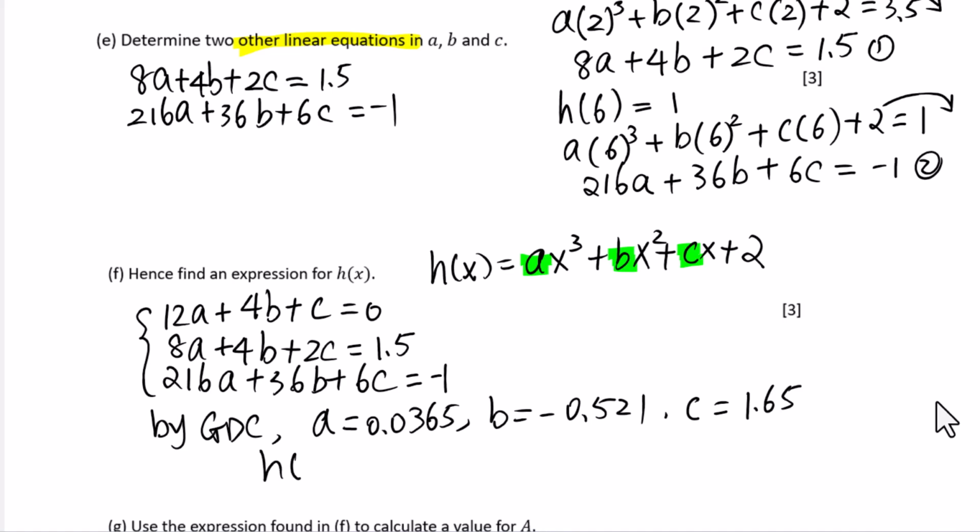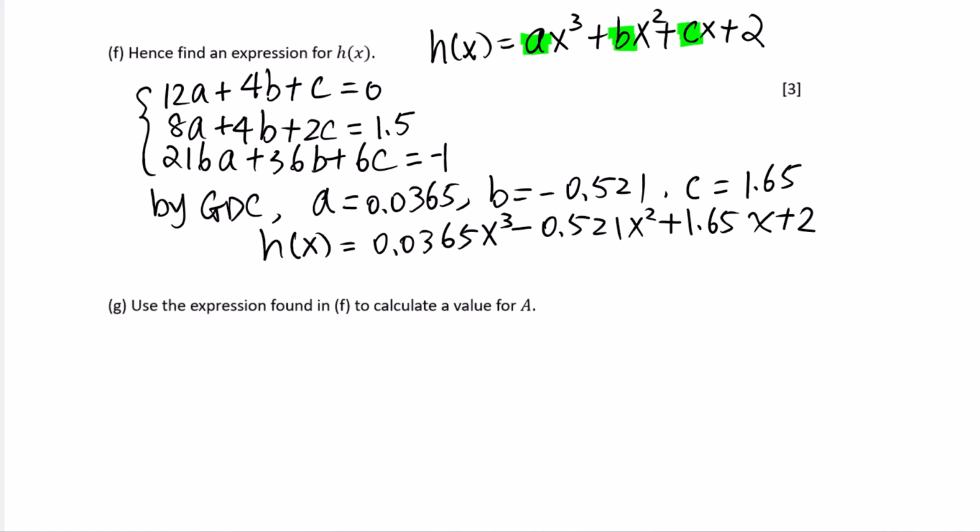So h(x) = 0.0365x^3 - 0.521x^2 + 1.65x + 2.